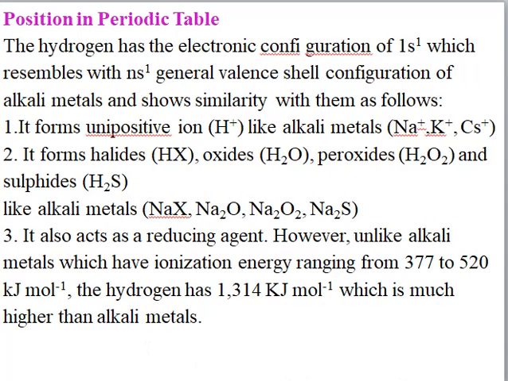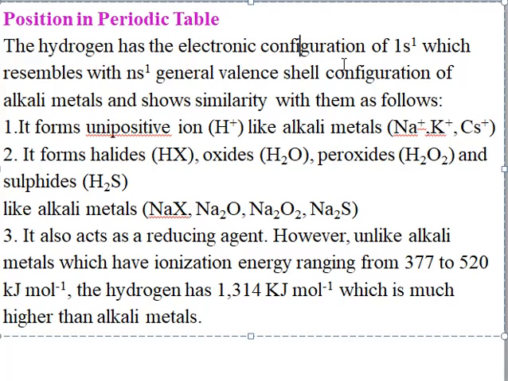When you see the periodic table, we already studied periodic classification in the third lesson: S block element, P block element, D block element and F block element. So where should hydrogen be placed? That is a great question. Hydrogen's electronic configuration is 1s1, which resembles the alkali metals which have the electronic configuration ns1, so we can think it can be placed above the alkali metals.